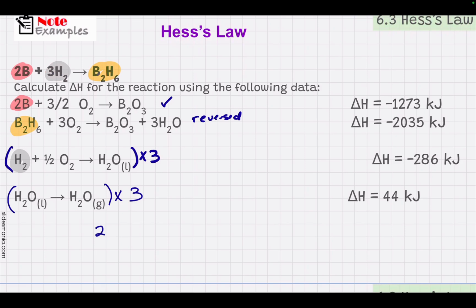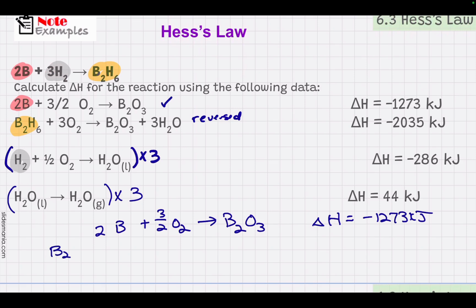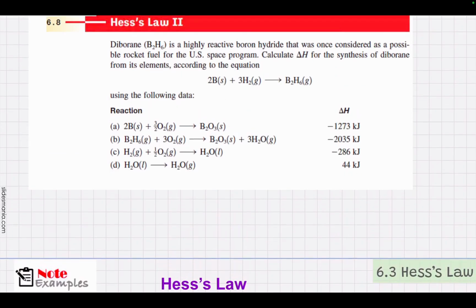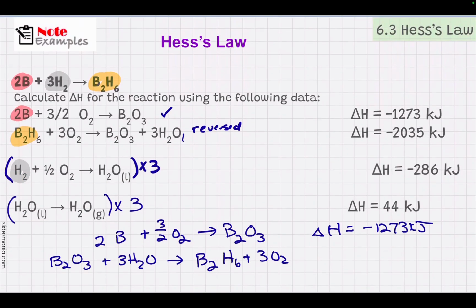So, first reaction, delta H just stays what it was. Second one, we're going to reverse it. So now these are my reactants. The water there, let me just grab that. This is gas.